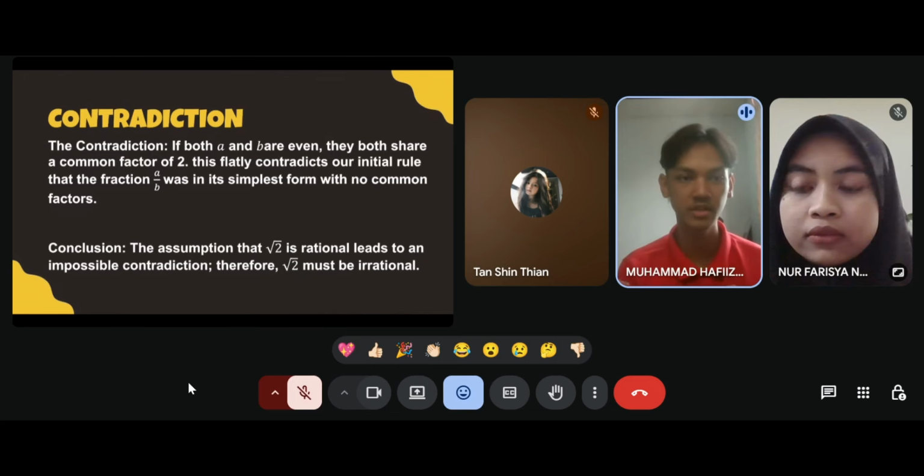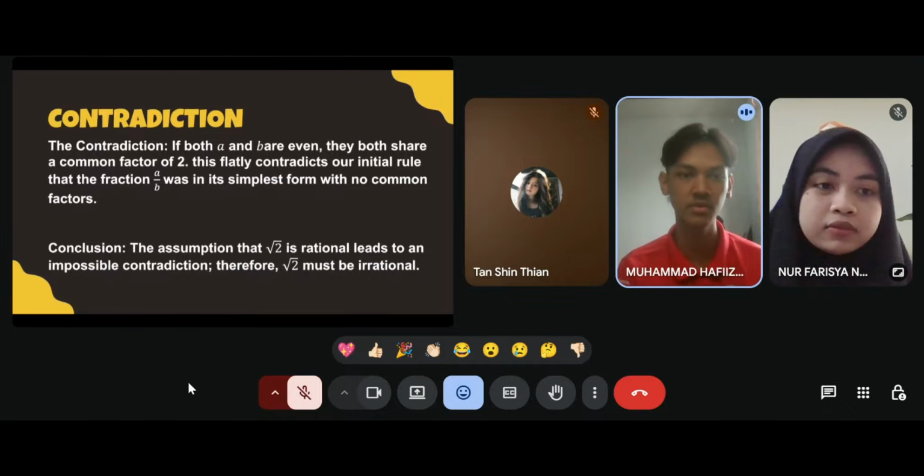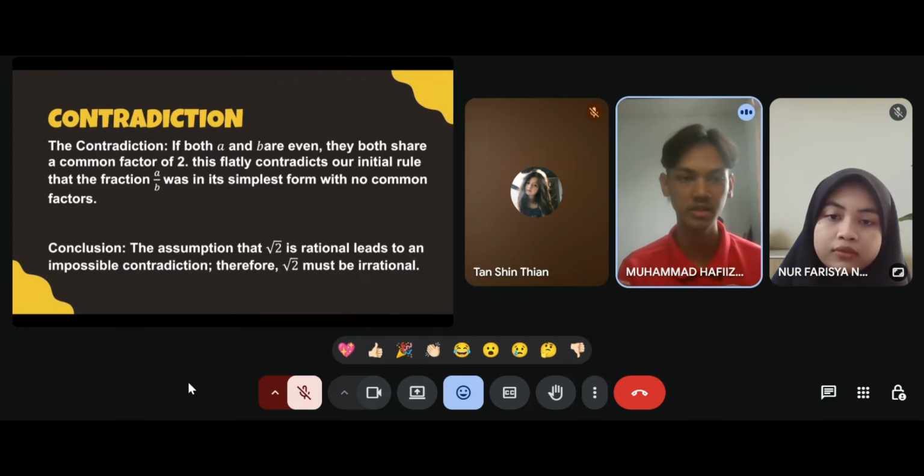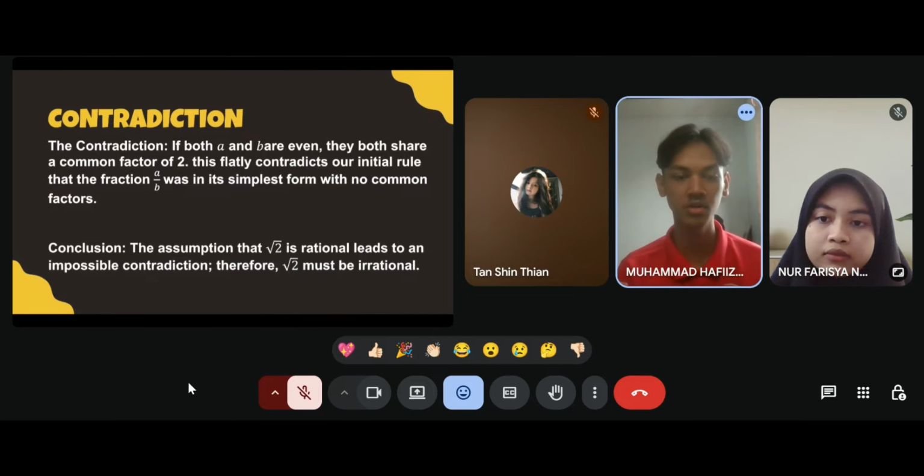For the contradiction, if both A and B are even, they both share a common factor of 2. This flatly contradicts our initial rule that the fraction A over B was in its simplest form with no common factors. For the conclusion, the assumption that square root 2 is rational leads to an impossible contradiction. Therefore, square root 2 must be irrational.